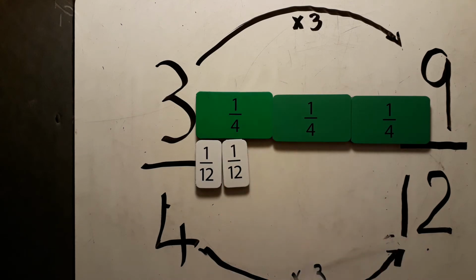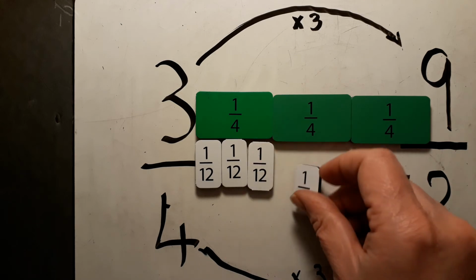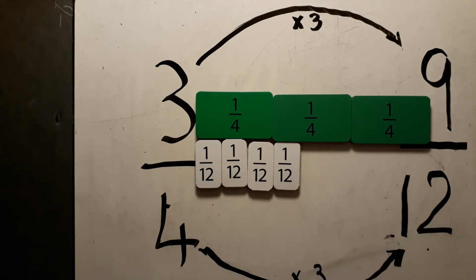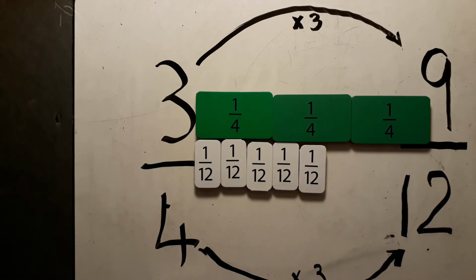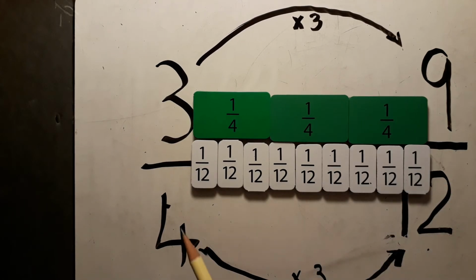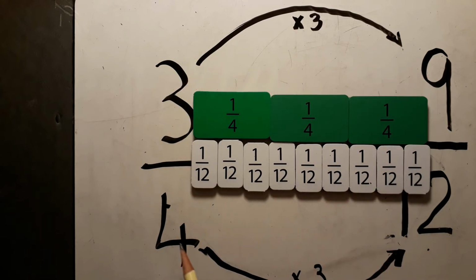You can show that 3/4 is equivalent to, I'm running out of 12ths, 1, 2, 3, 4, 5, 6, 7, 8, 9. That's our 9/12ths.